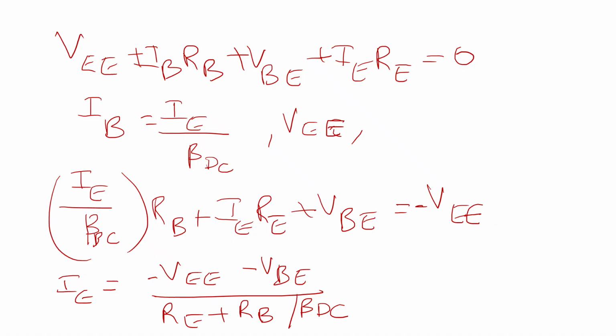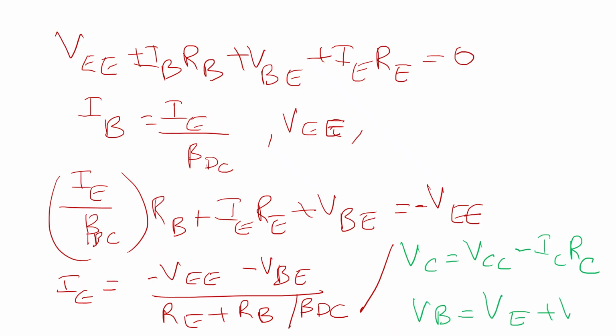Also, the collector voltage with respect to the ground is VC equal to VCC minus ICRC, and VB is equal to VE plus VBE. And these are the design and analysis equations for the emitter bias circuit.